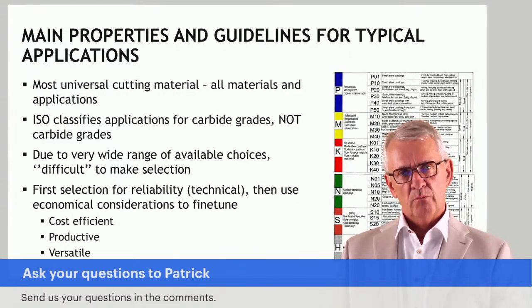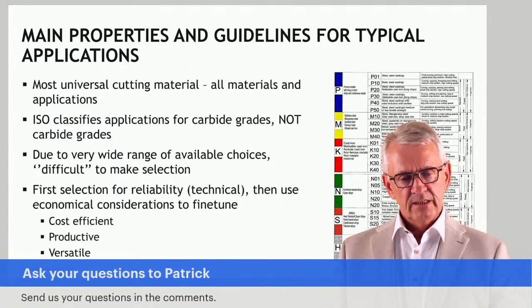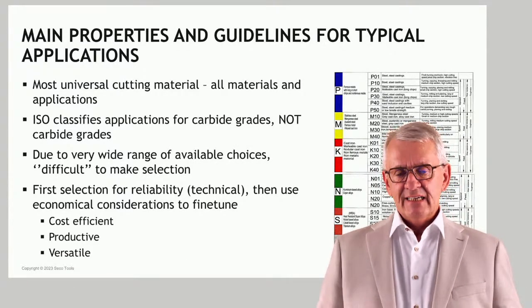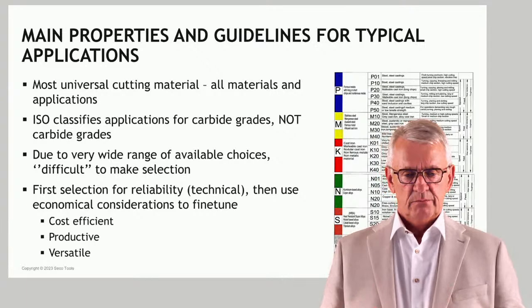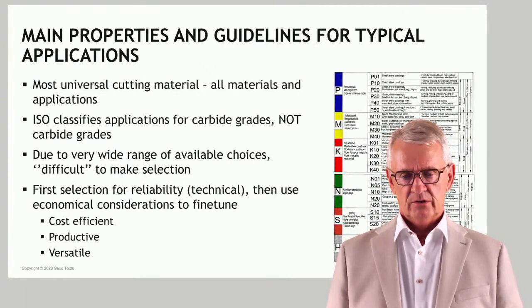Productivity, is it high performance? Cost efficiency, is it low cost per cutting edge per tool life? Is it quality? Is it sustainable cutting edges? That should guide the machinist expert in making the detailed selection of a carbide grade.